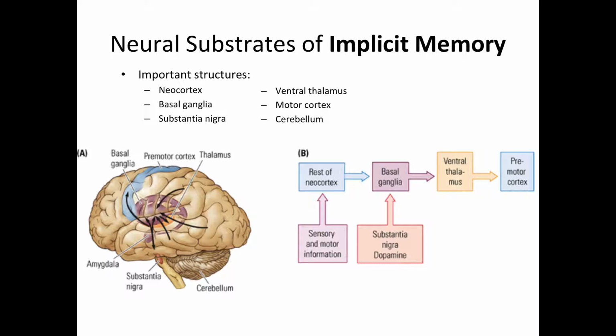On the left image, you can see the general anatomical areas that are included in implicit memory, which is of course the basal ganglia, the premotor cortex, the thalamus, amygdala, substantia nigra, and cerebellum. And on the image on the right, you can see the information flow through the implicit memory circuit.